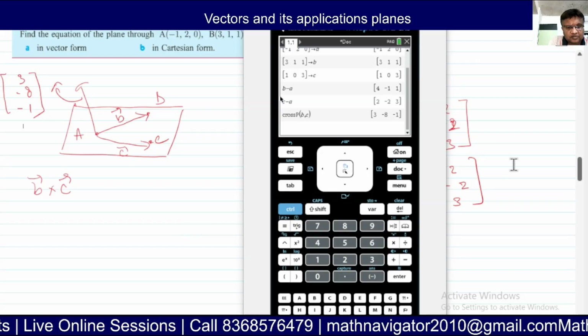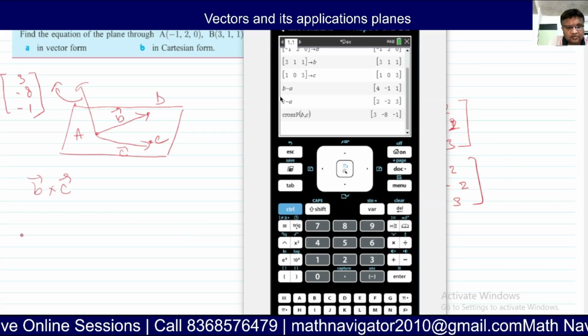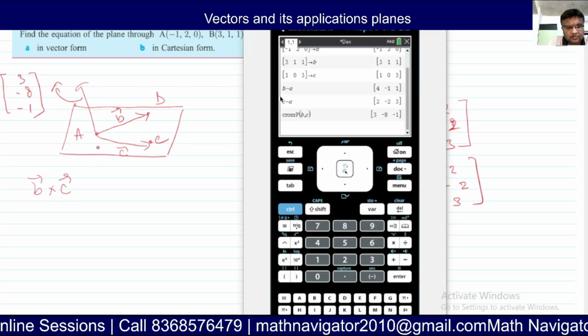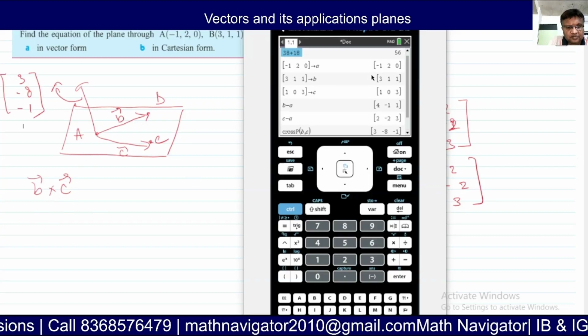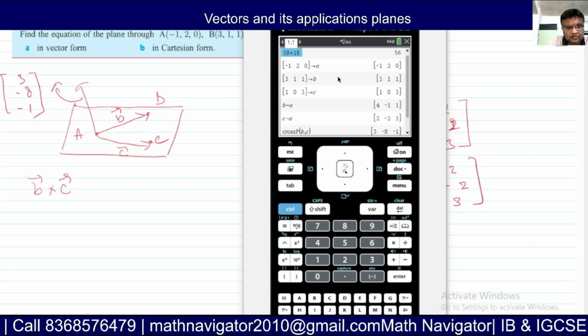Now, my normal vector is 3, negative 8, negative 1, and my vector A is minus 1, 2, 0.